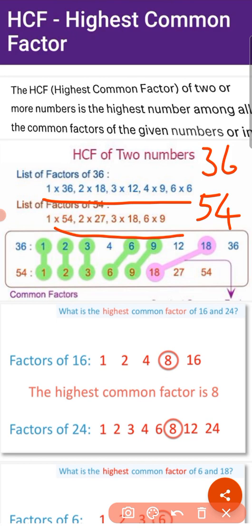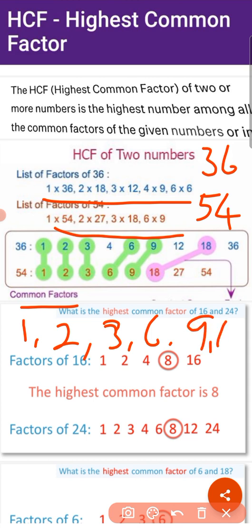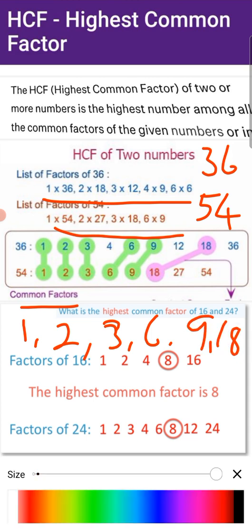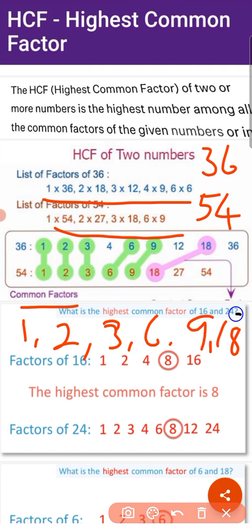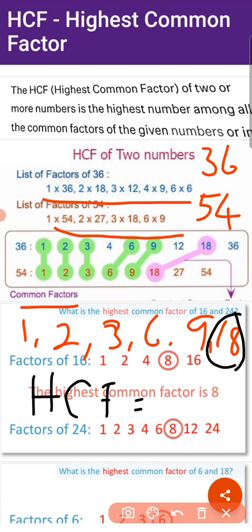Then find the common factors of 36 and 54: 1, 2, 3, 6, 9, 18. Out of this, which is the largest number? Highest number 18. This is the HCF of 36 and 54. Clear?